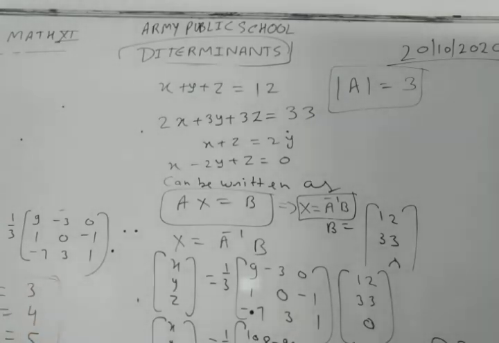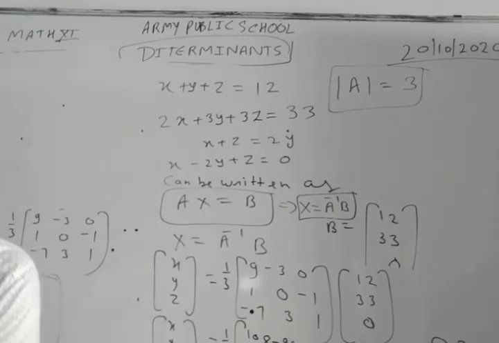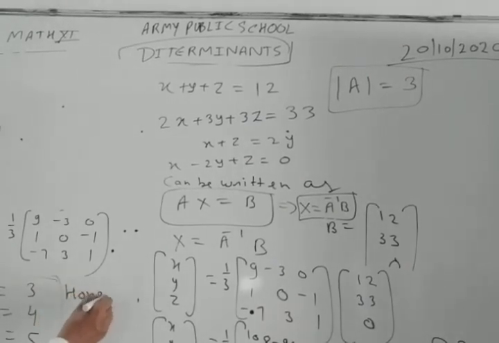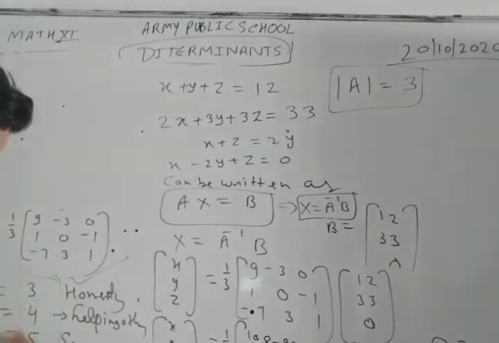So what we have gained: the number of awards for honesty is 3, for helping others is 4, and for supervising workers is 5.